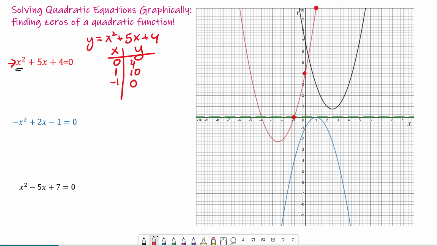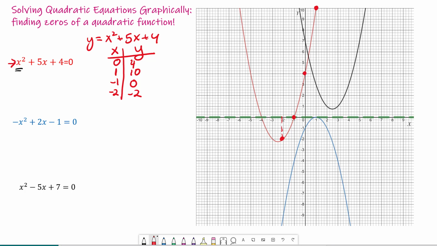Let's take negative 2. Negative 2 squared is 4, plus 5 times negative 2, which is minus 10. So 4 minus 10 is minus 6. Plus 4 is negative 2. So negative 2 right there, all the way down to negative 2 is here.